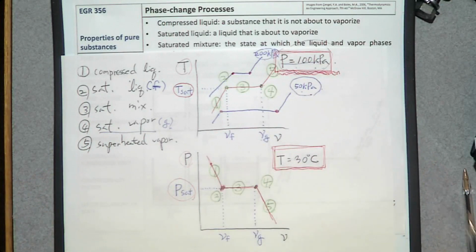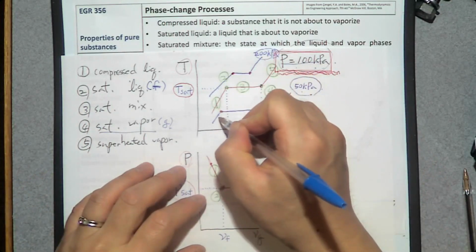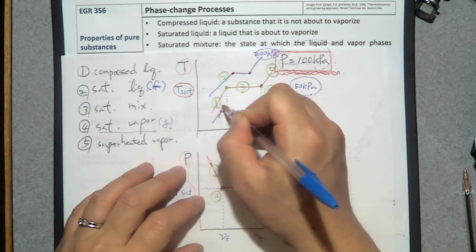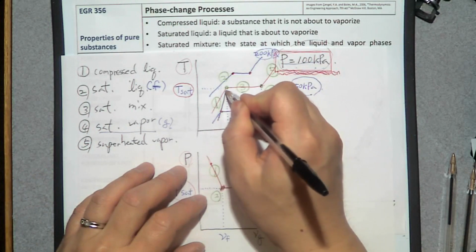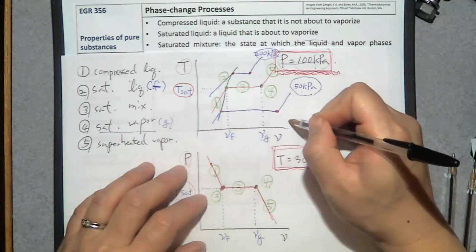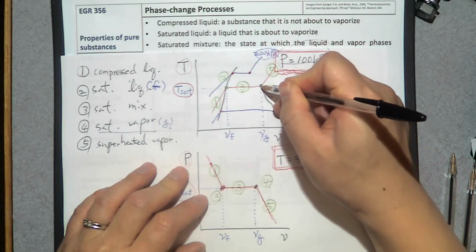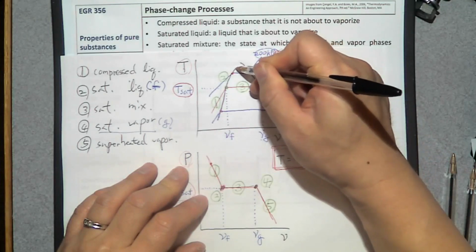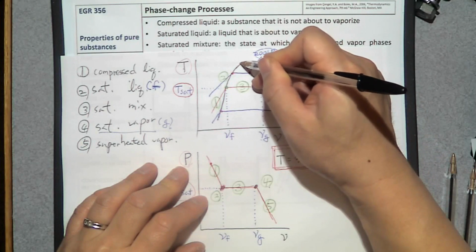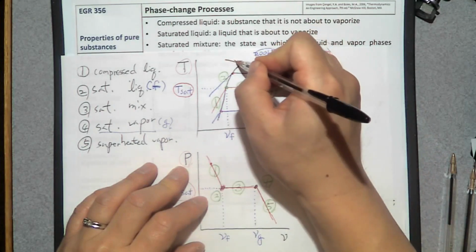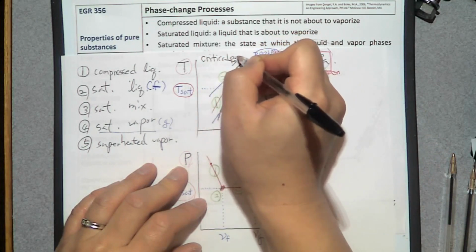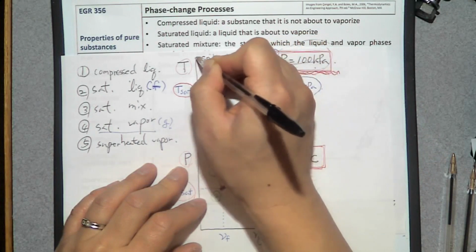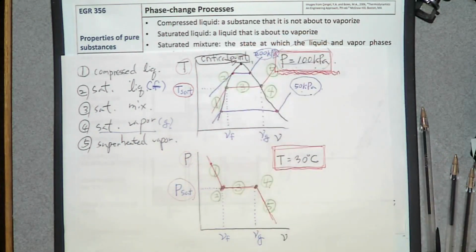If you connect all the saturated liquids and saturated vapors, they will meet at some point, which is called the critical point. So above this critical point, there is no water, but supercritical fluid.